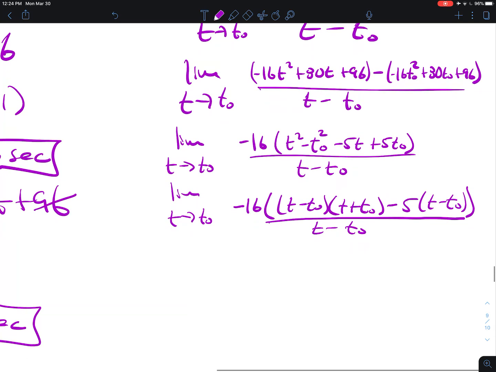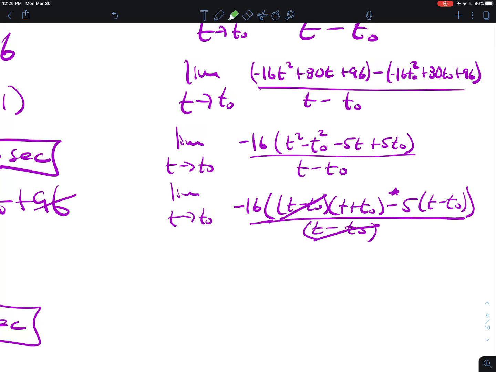And this is, yes, a lot of work, but this will then give us the opportunity to find the derivative or instantaneous rate of change at any one point, kind of all at once. Now, because I have this expression t minus t null in the denominator, I can cancel it out with the numerator. But because of the minus sign here, I have to make sure that I can do it to both terms.